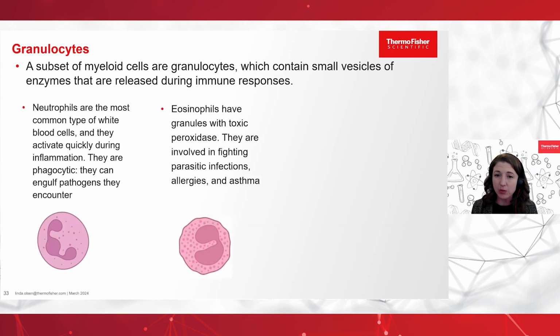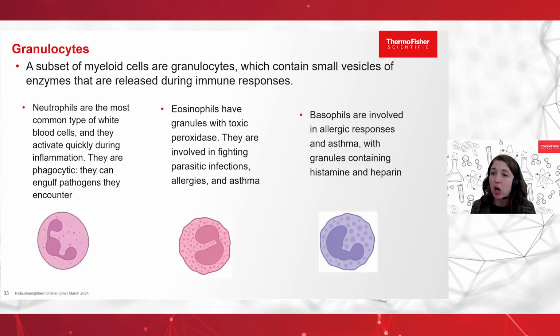Eosinophils have granules with toxic peroxidase. They are involved in fighting parasitic infections, allergies, and asthma. Basophils are involved in allergic responses and asthma with granules containing histamine and heparin. The names of the neutrophils, eosinophils, and basophils come from the dyes that they stained with under a microscope when first being discovered.